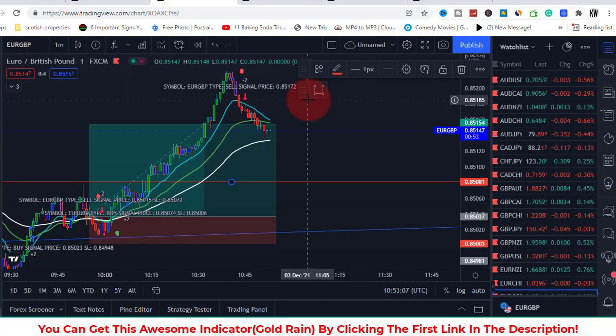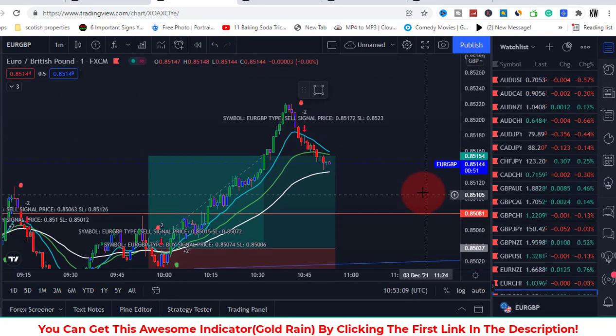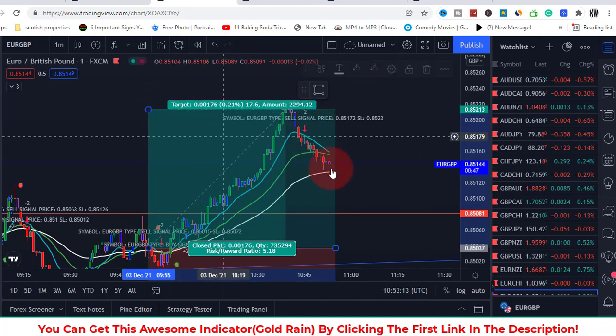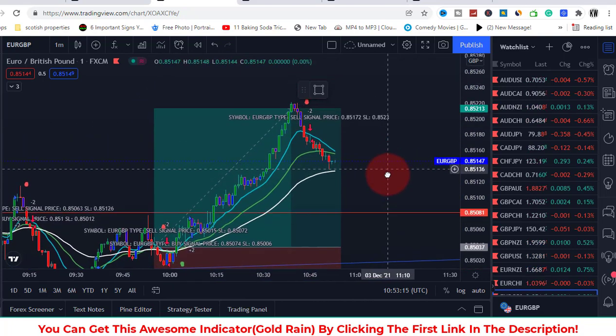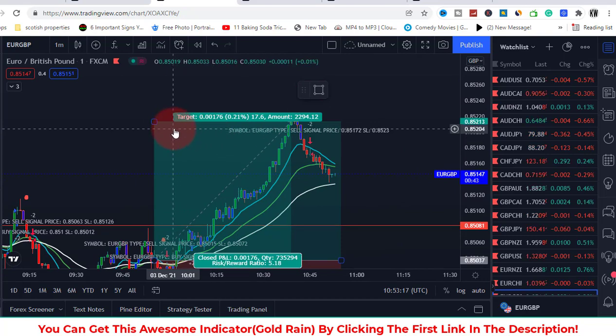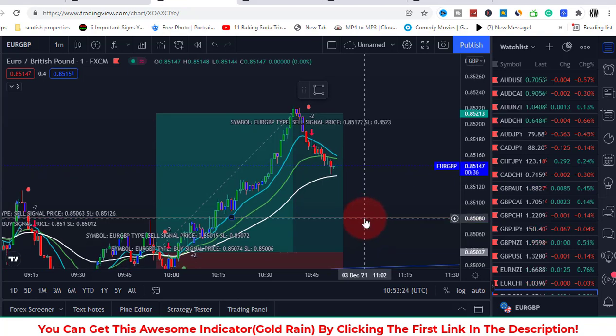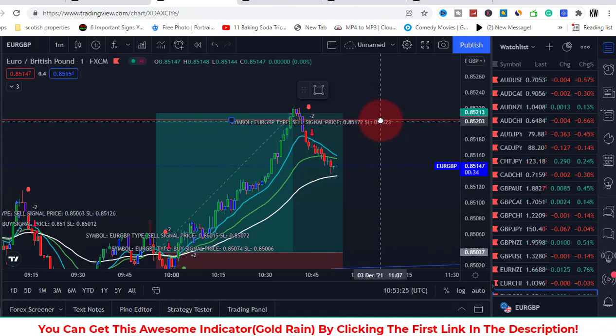Yeah, let's go back to Euro GBP. Look at that, guys. Look at that beautiful thing. Euro GBP, you remember we entered earlier, didn't we? With Euro GBP, we're in 17 pips profit, but then it comes down while we trail our stop loss. We could end here.